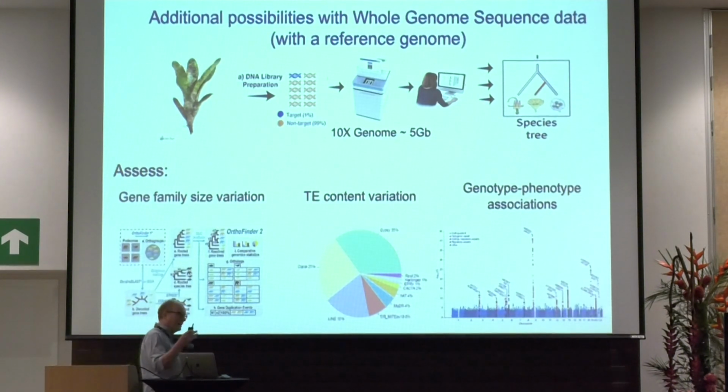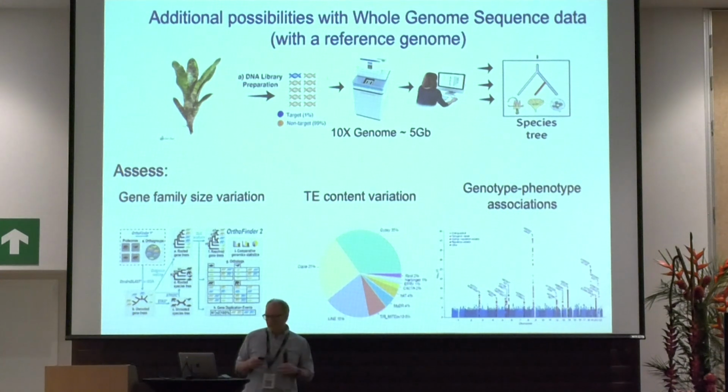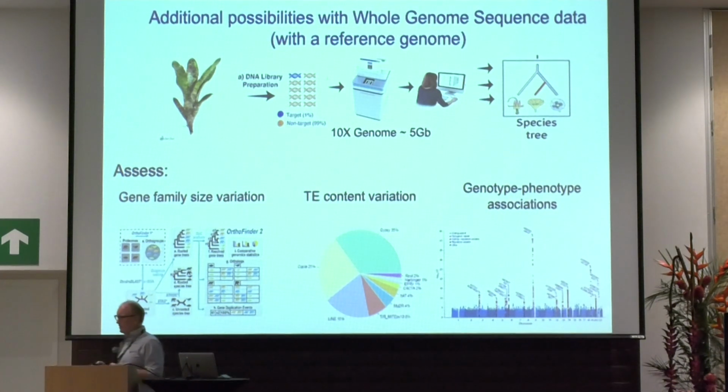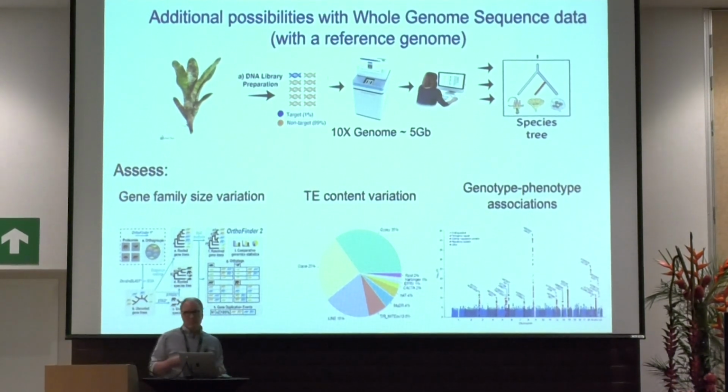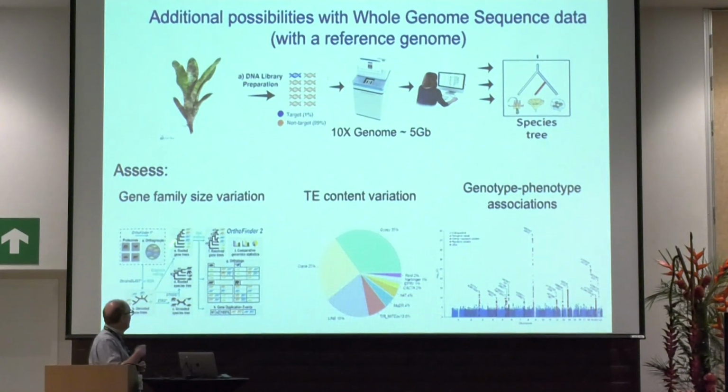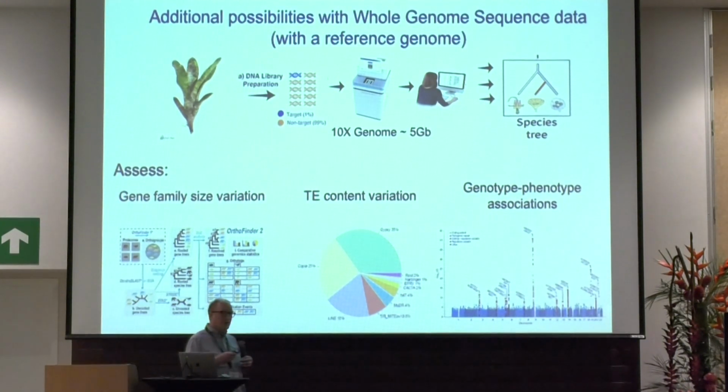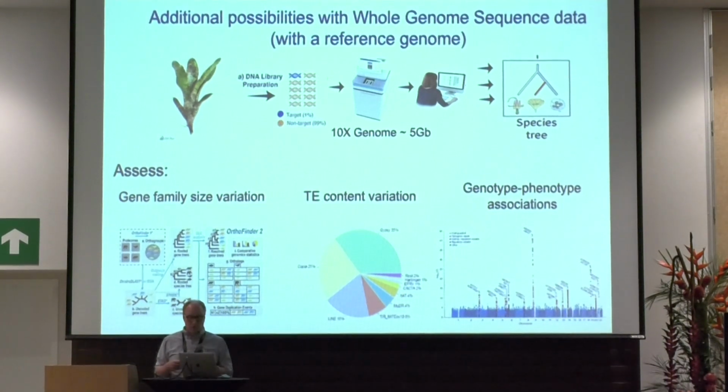So what do we get from this? And again, I'm going to reiterate some of the things that Chelsea was talking about. In addition to getting your phylogenies, and these are just a few of the many things we can do: look at your protein coding sequences, all of them, not just the ones that are included in any of these big capture kits. Make assemblies for each of your samples, reconcile those with a species tree, and start to assess variation in copy number for genes of interest.